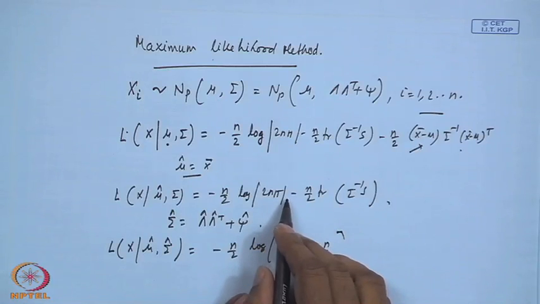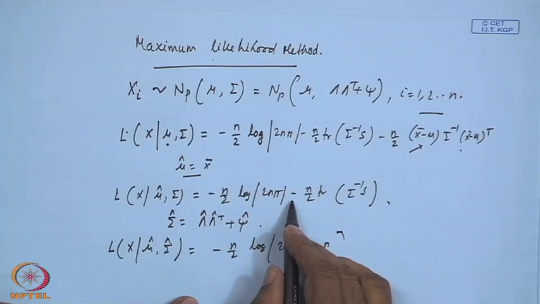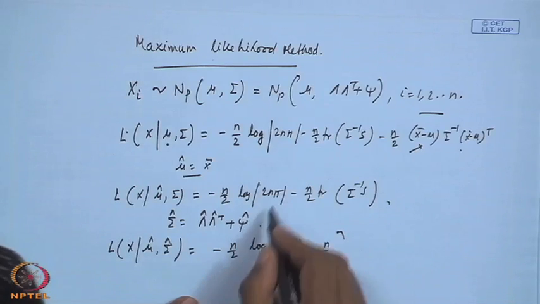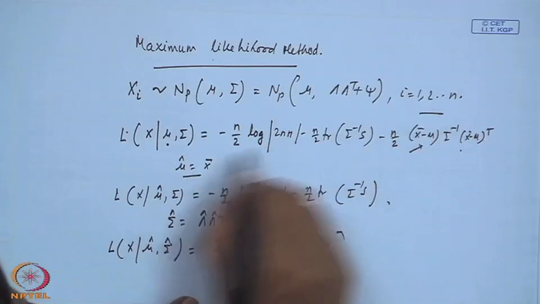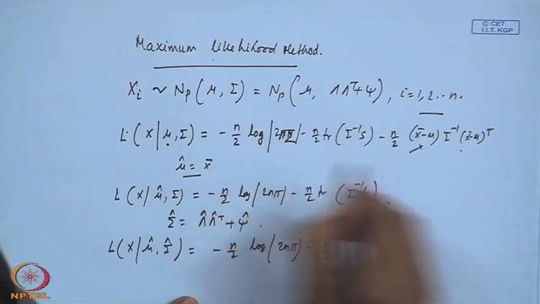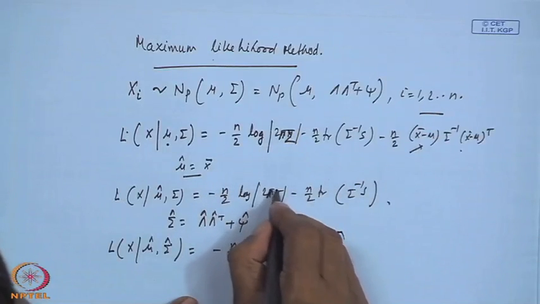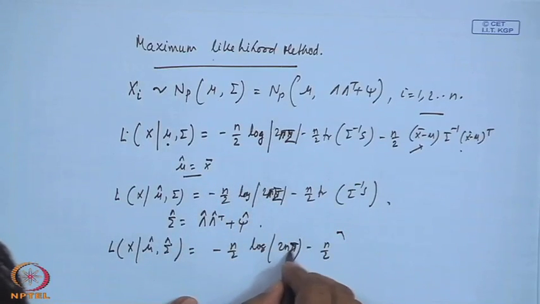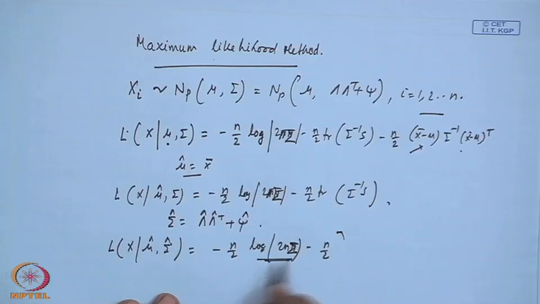So, 2 pi we have written here, log 2 pi sigma. I have written wrongly here, that is log 2 pi sigma. This one you change.